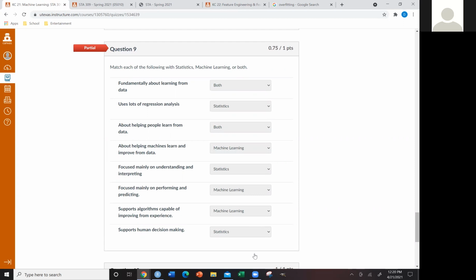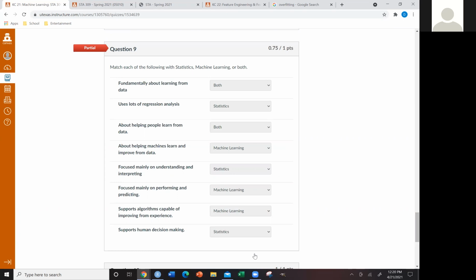So let's see. Fundamental learning from data. I think the first and third are both. Uses lots of regression analysis. I think that might be both. Although, you know what? Oh, they're doing some sort of juxtaposition here.